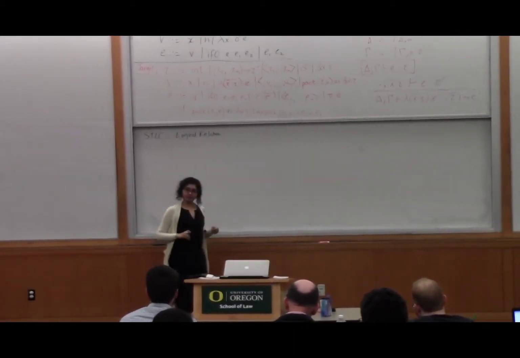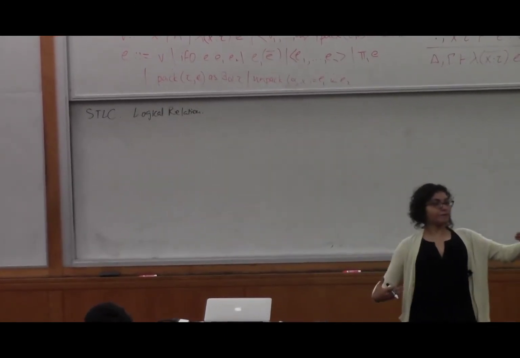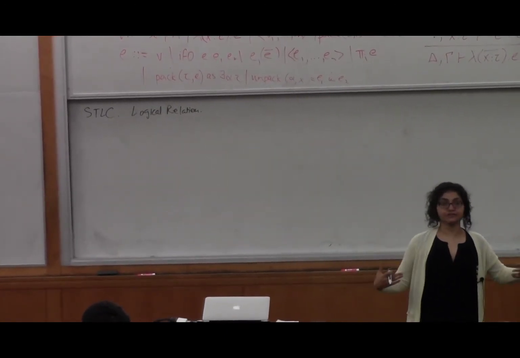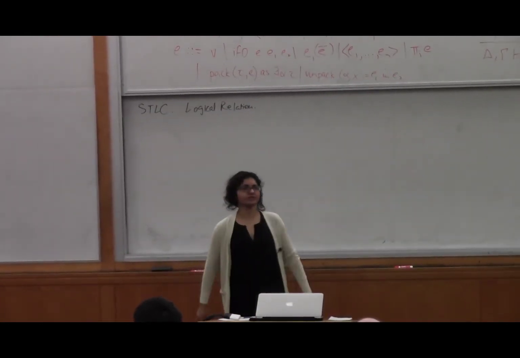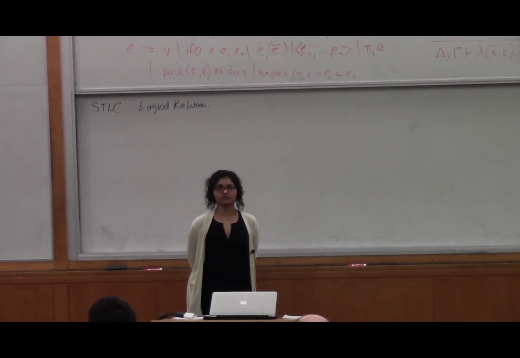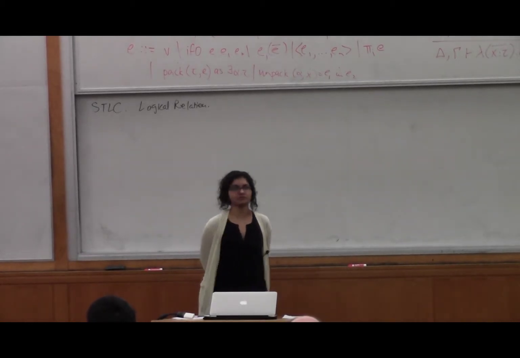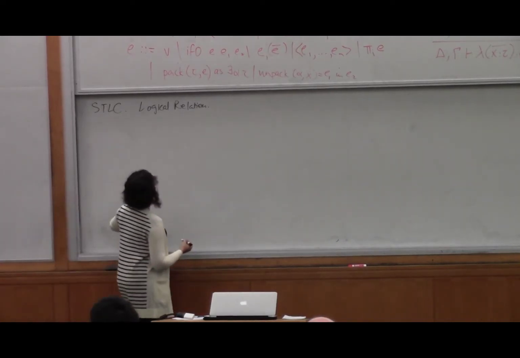What I'm about to set up will be something that I can use to do proofs of equivalence of programs in this language. In particular, we can prove contextual equivalence. How many of you know what contextual equivalence is? Has that been covered? Yes? Okay, so you're comfortable with contextual equivalence. All right, good.